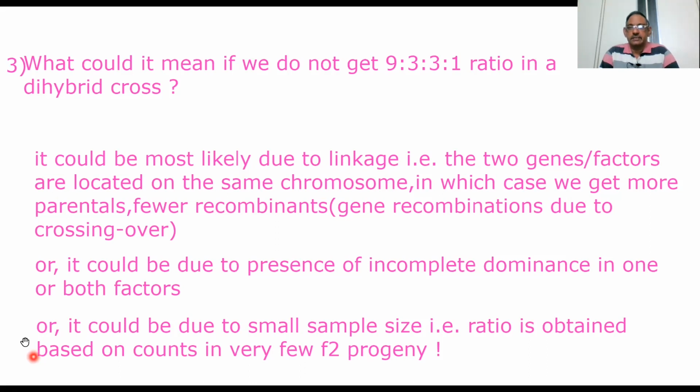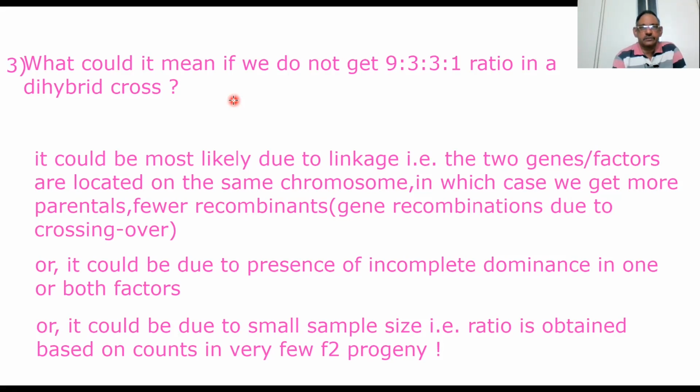So as the sample size increases, you can get the observed values very close to expected values, particularly in chance-based events. So we have to try these ratios in very large samples. Now that's the answer for the third question: what could it mean if we don't get a 9:3:3:1 ratio in a dihybrid cross?